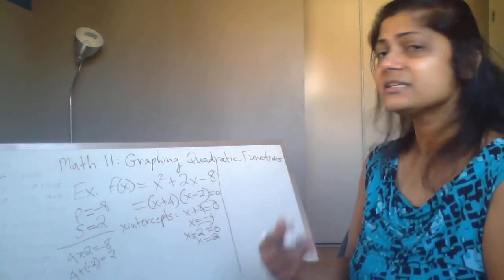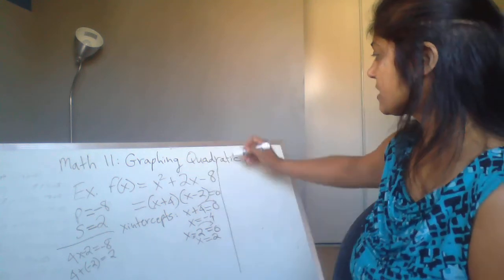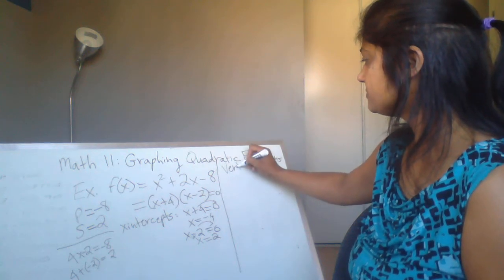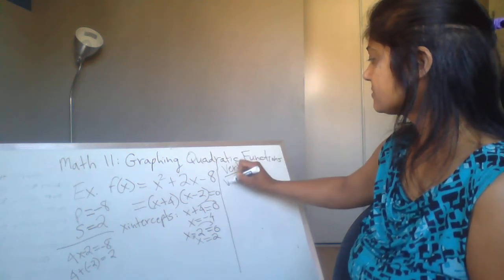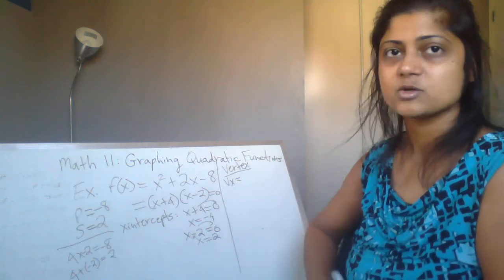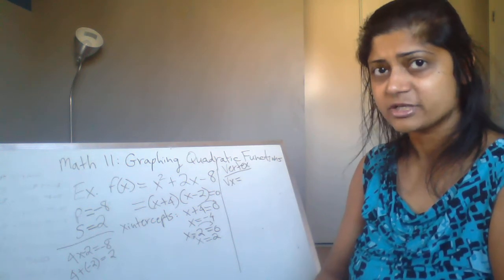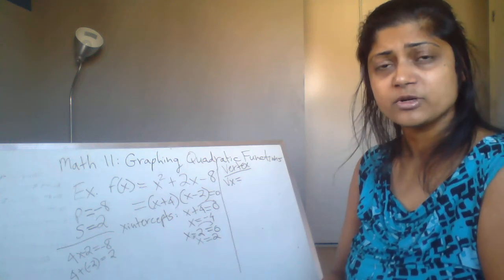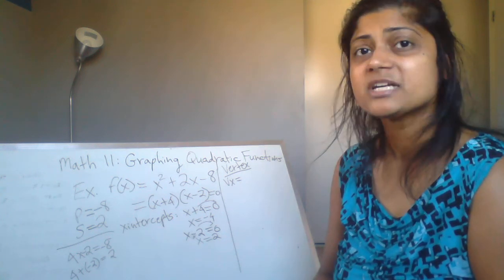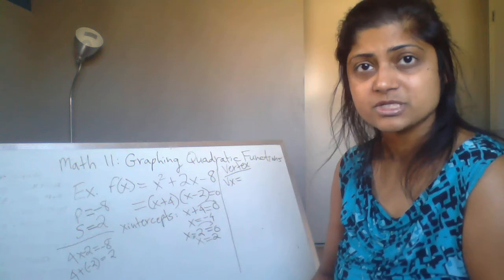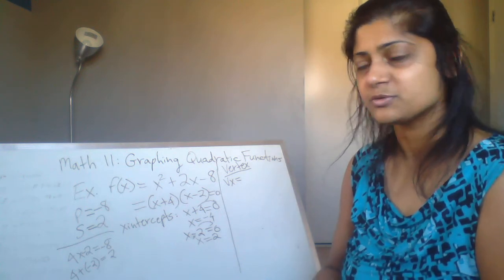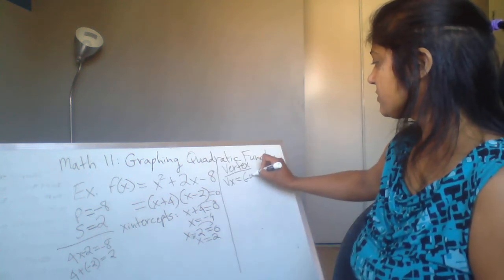In the next step, I have to find out what the vertex is. So let's write down vertex here. I always write Vx. V means the vertex and x means the x point of the vertex. To find this x point of the vertex, you add the two x-intercepts together and divide by 2. So let me write it out first here.